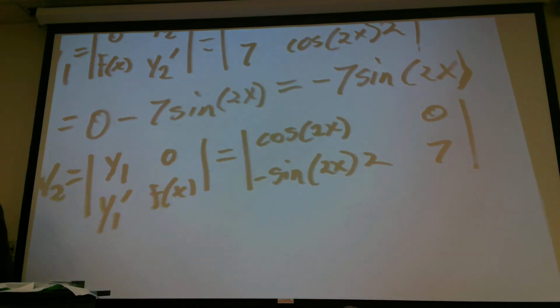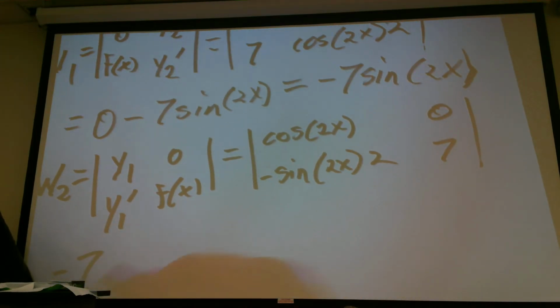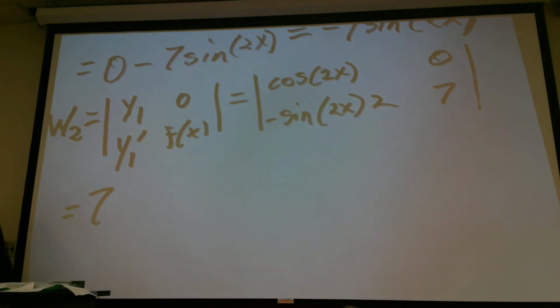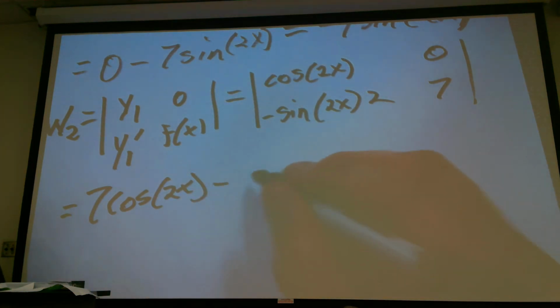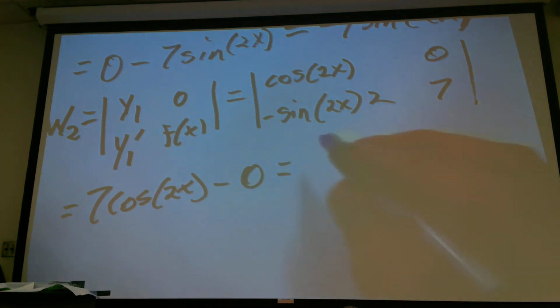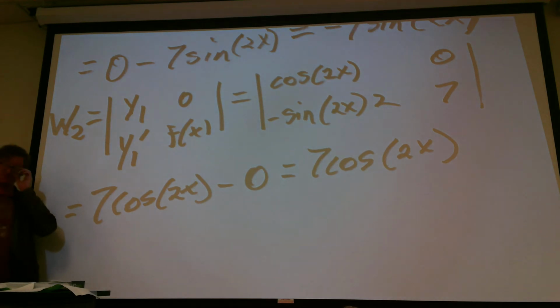So that becomes 7 times cosine of 2x minus 0, which is going to equal 7 times cosine of 2x.